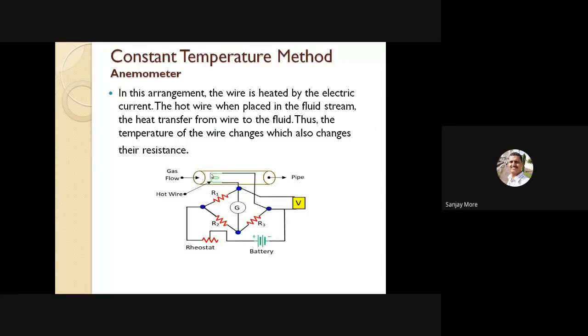So write down under the heading constant temperature method anemometer. The wire is heated by the electric current.